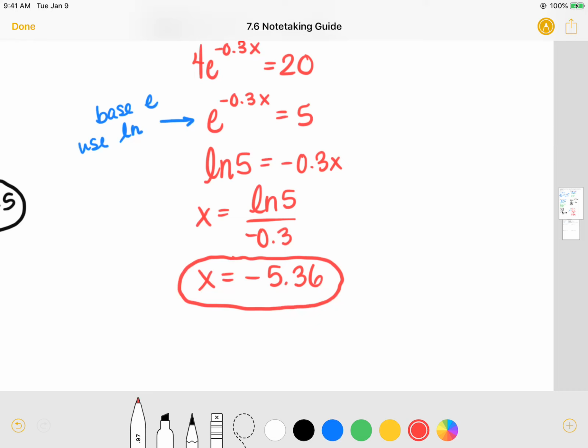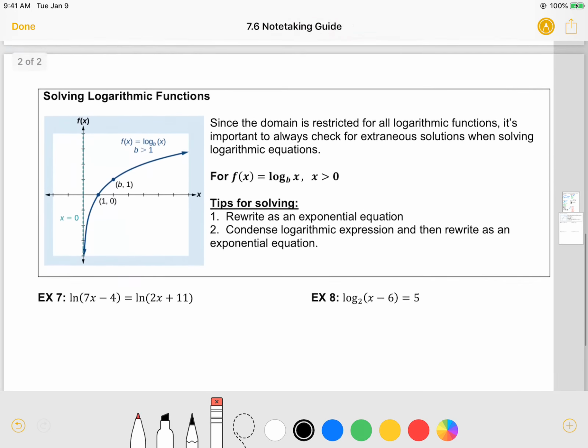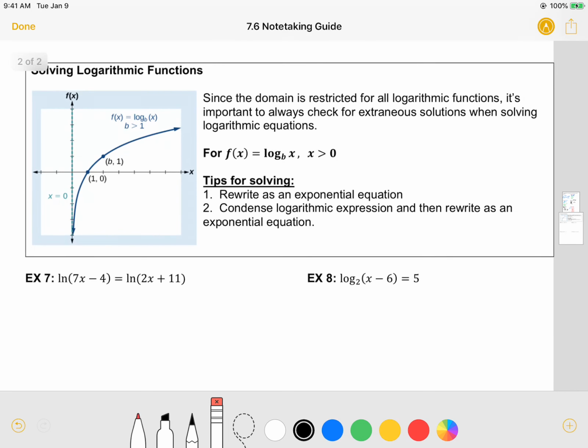All right, so now what we're going to do is move to the back side here, and we are going to look at solving log equations that have logarithms in them. Okay? So what you need to know here is that a logarithmic equation is going to have a restriction on the domain. If you see here, there's this asymptote right here, and all logs are going to be greater than that value.